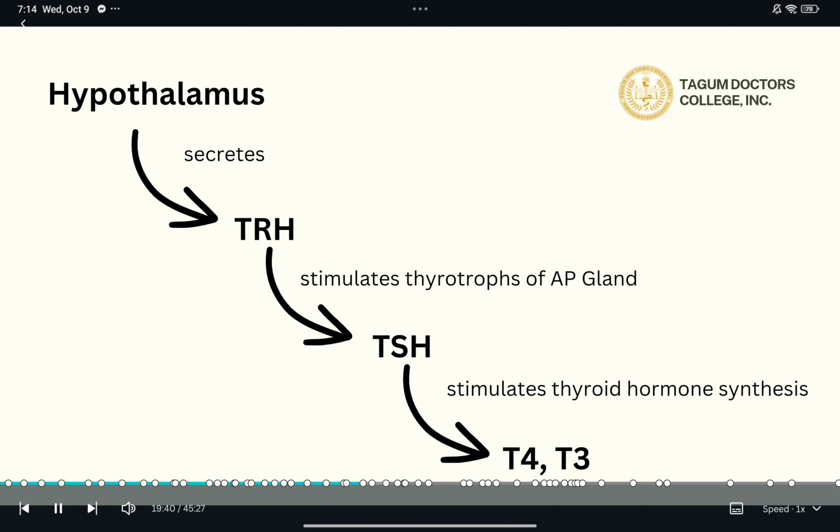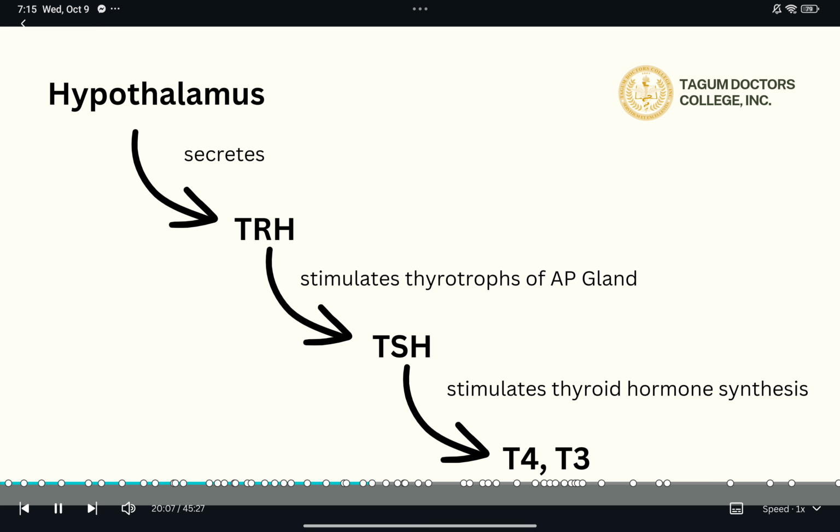So from the hypothalamus, usually, di ba, hypothalamus, nagasecrete siya og TRH, okay, which stimulates the thyrotrophs of the anterior pituitary gland.